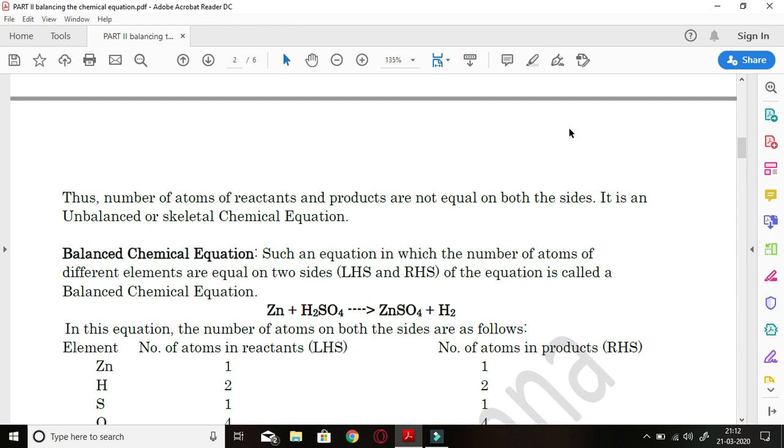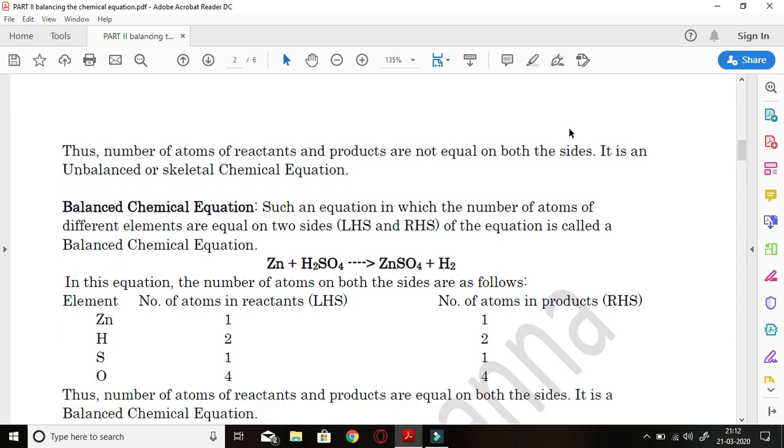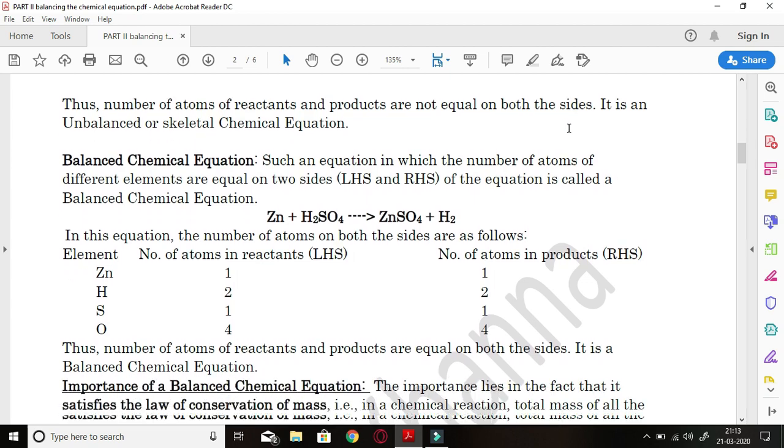But we can always balance this equation. When we balance this unbalanced equation, we call it a balanced chemical equation. This is an equation in which the number of atoms of different elements are equal on the two sides, that is LHS and RHS of the equation. For example, look at this equation: Zn plus H2SO4 will give ZnSO4 plus H2.